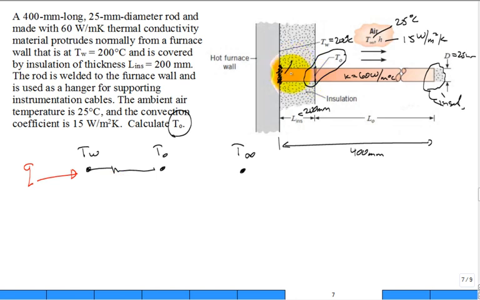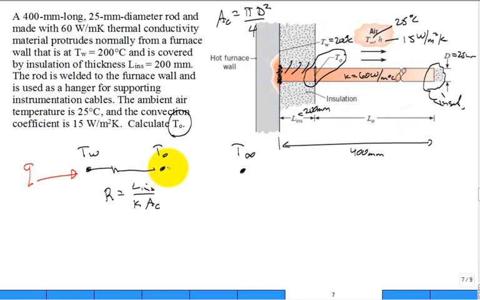Is there any loss out into the insulation? No. It's just straight conduction. What is that resistance? L insulation divided by K, A sub C. A sub C is pi d squared over 4. It's the cross-sectional area for conduction down that rod.